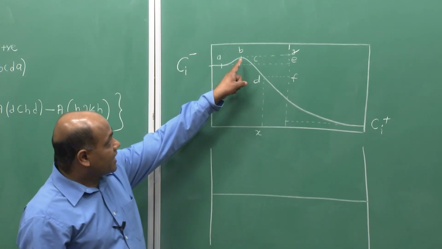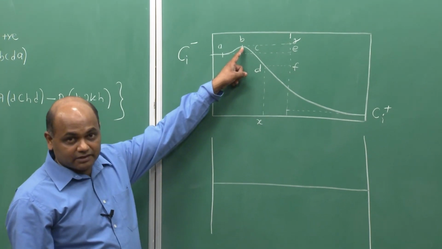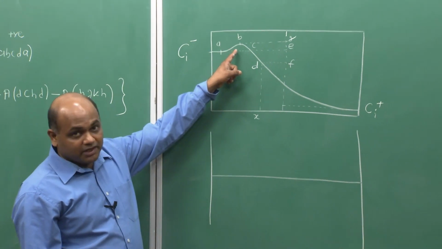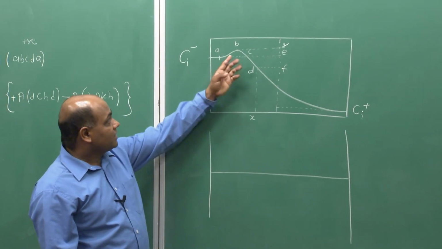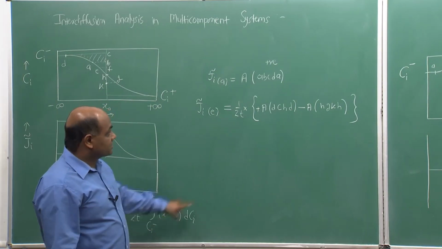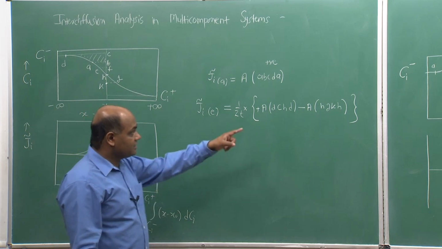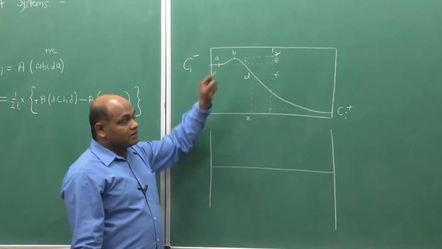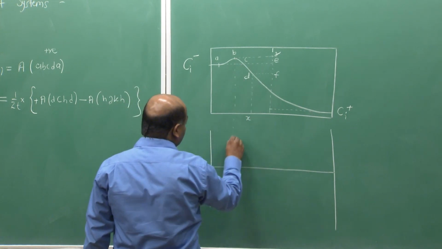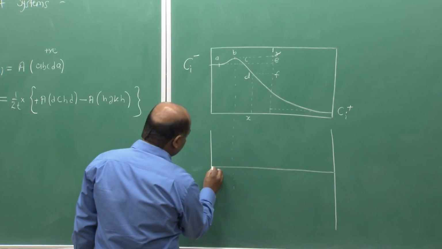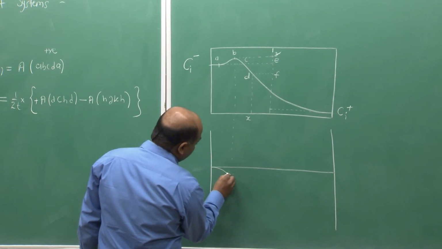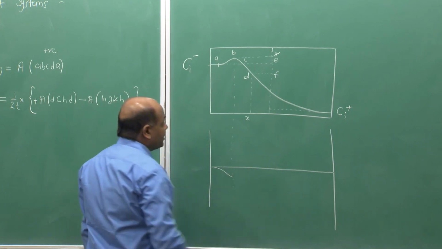Up to the point of maximum, that is up to point B here, we know the interdiffusion flux would be negative, because based on this formula x minus x naught is negative, but dCi from A to B is positive, and so the flux would be negative. In the terminal, of course, the flux is 0 and it is increasing in the negative direction to point B.